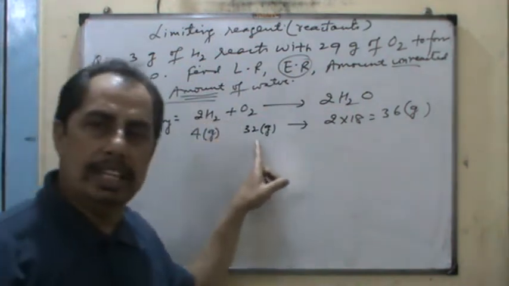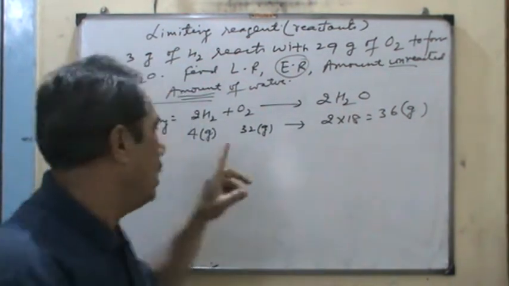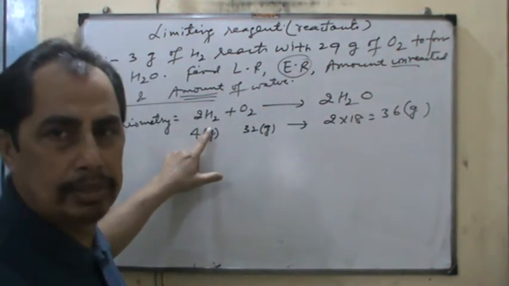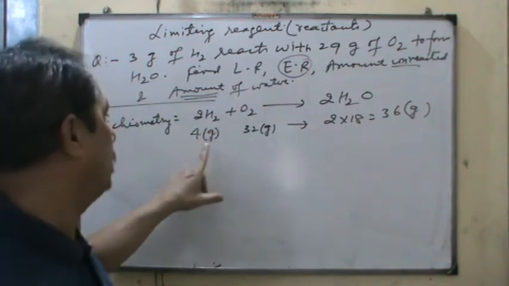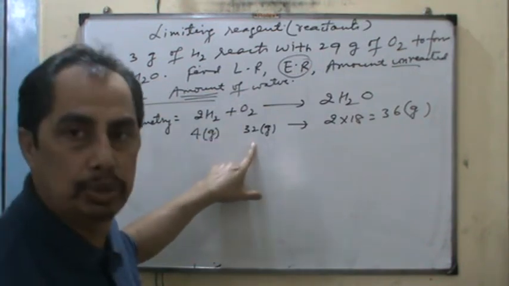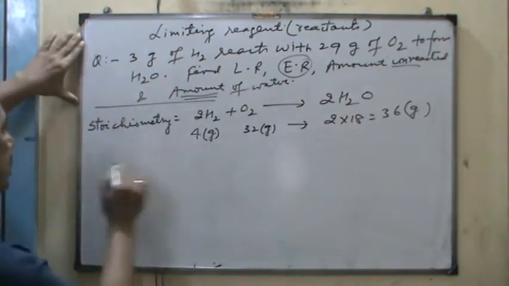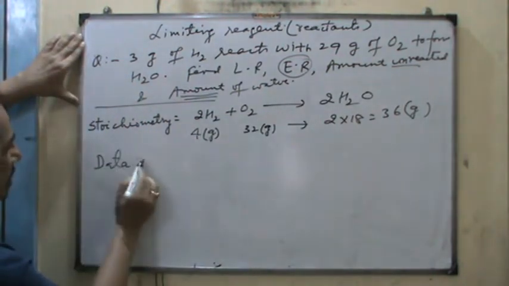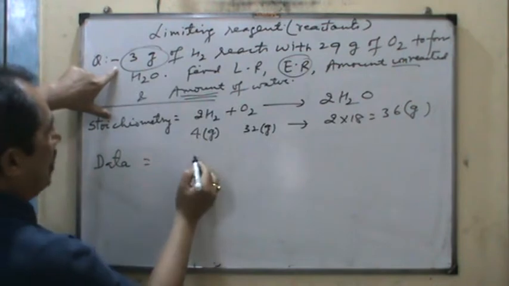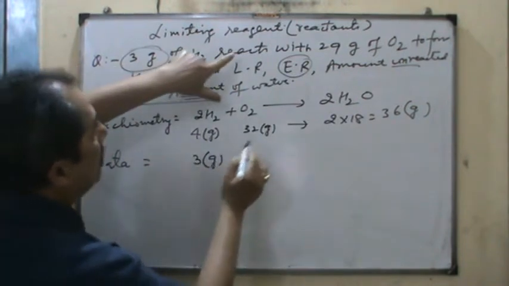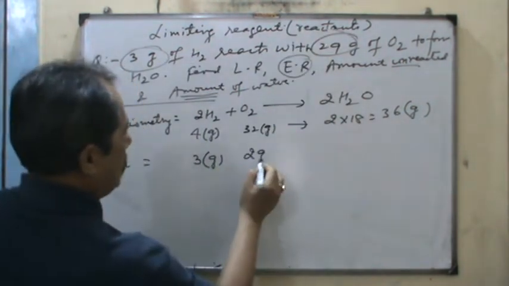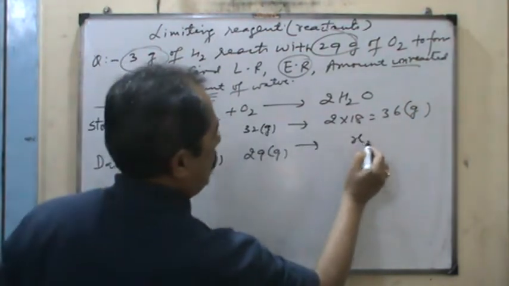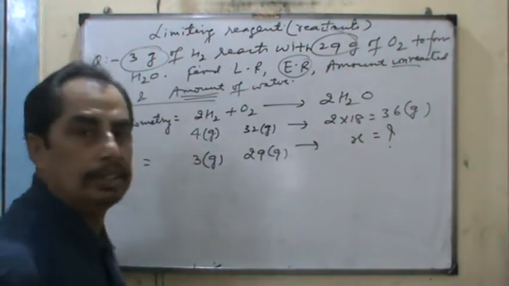First balance the equation, and you know the atomic mass of hydrogen, molar mass 4 grams, 16 into 2, 32 grams, and it will fit. But the data given is 3 gram of H2 and 29 gram of O2, and the amount of water is to be calculated.